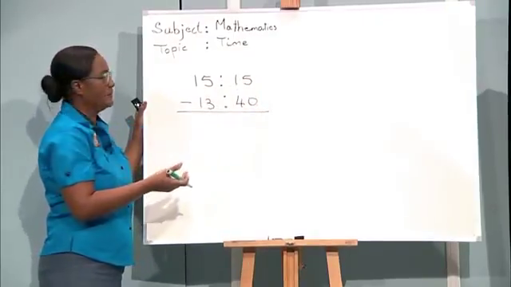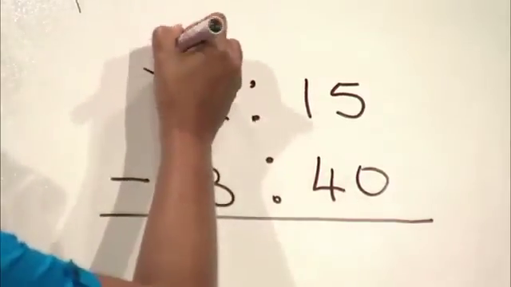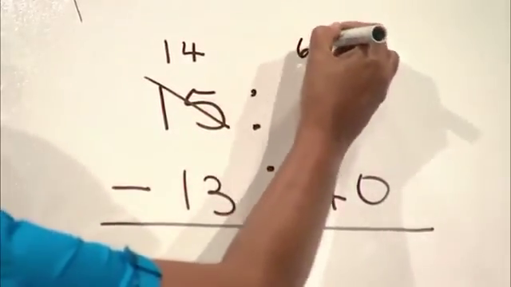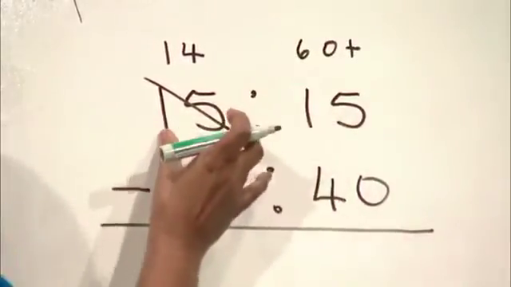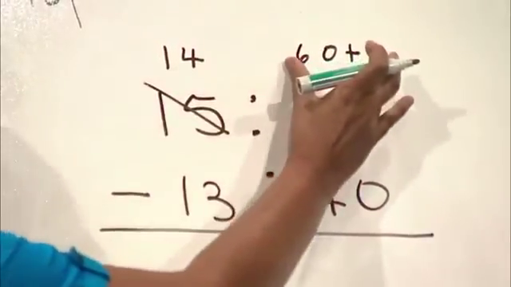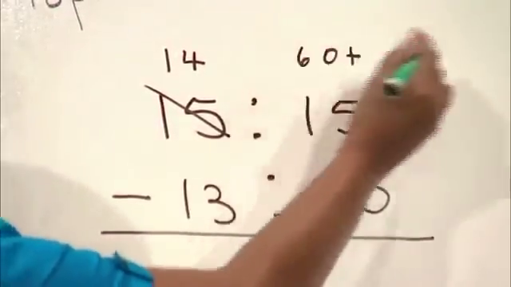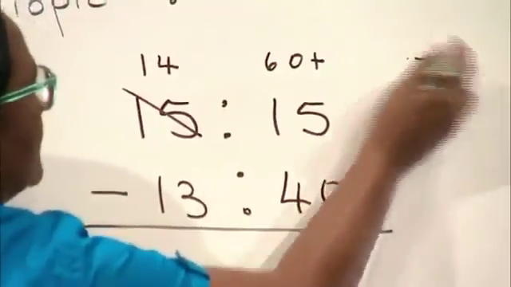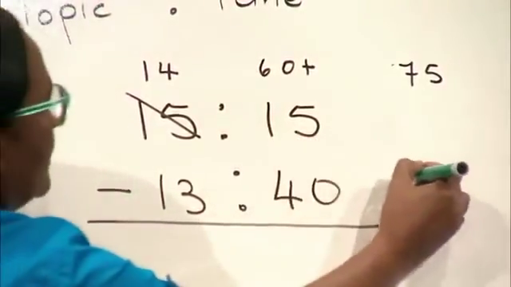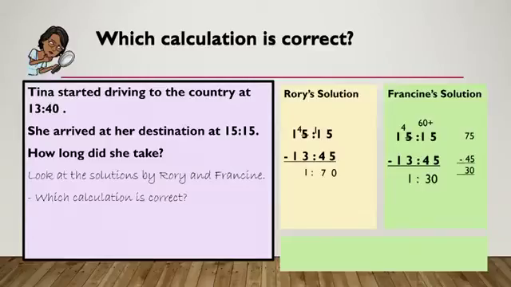We can't take 40 from 15, so we are going to the 15 hours that we have here. Take 1 hour and write that hour as 60 minutes. So it's still 15 hours, but it is 14 hours plus 60 minutes. We now have 75 minutes in all, 60 minutes plus the 15 minutes, and then we can now take the 40 minutes from that. How much is left?